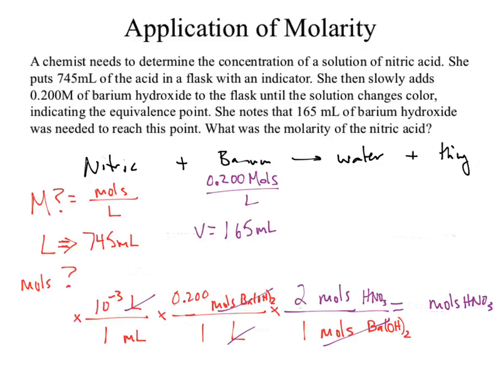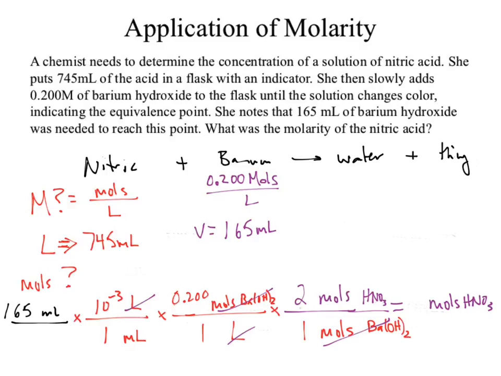Liters cancel. Am I given milliliters? What is the milliliters I'm given? 165. Why is it not the 745? The 745 was tied to nitric acid. And I'm canceling the liters of barium hydroxide.